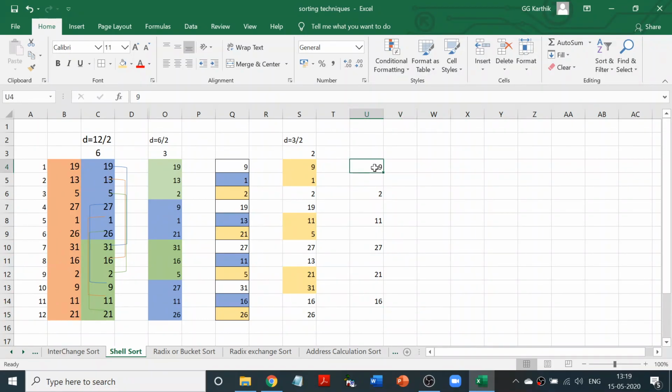So it becomes 2 and then 9. 9 and 11 stay the same way, 9 and 27 stay the same, but 27 and 21 don't, so it's going to be 21 and then 27. 27 and 16, obviously 16 here and 27 here. So we have done it. Just check again, is it sorted? 2, 9, 11, 21, 16? No. So again, 16 and 21. So we have compared all the ones successfully.